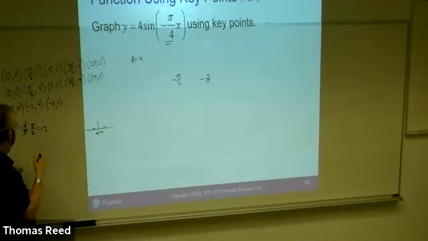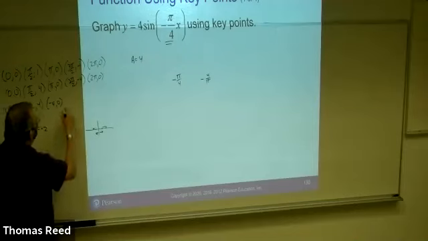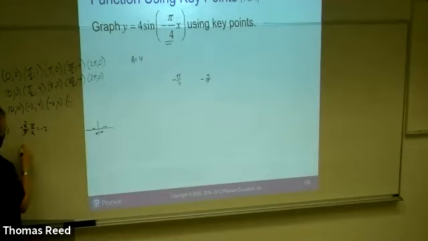And 3/2 pi times negative pi over 4 becomes -4 over pi times 3 pi over 2.